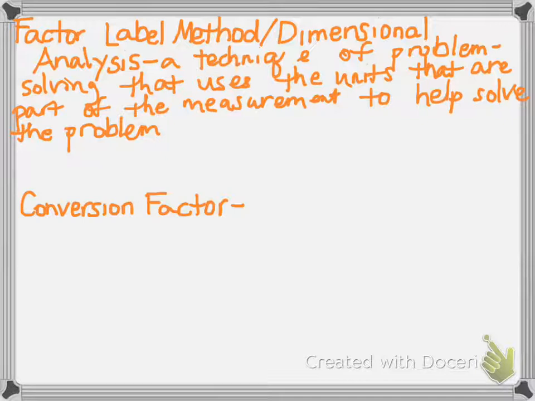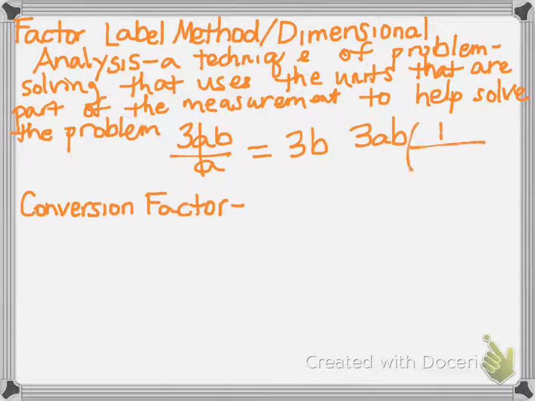It's the same idea as if you have 3AB over A in algebra class, you're going to reduce that because the A is in the top and the bottom, to 3B. But what we're going to do is set it up like 3AB, and we have 1 over A like this, and we're crossing out those A's.